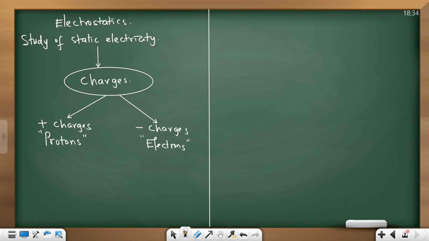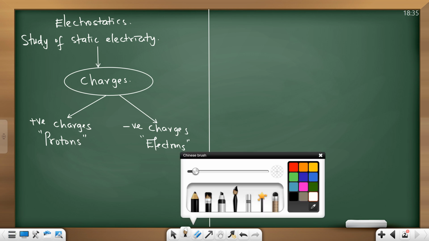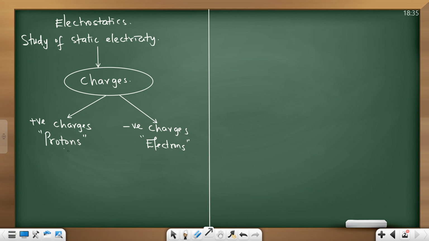Positive charges are called protons, and negative charges are called electrons. Let me put the word negative there, and let's put VE there for positive. Now, what I need you to quickly know is that protons don't move, electrons move. Protons don't move, they are in the nucleus.